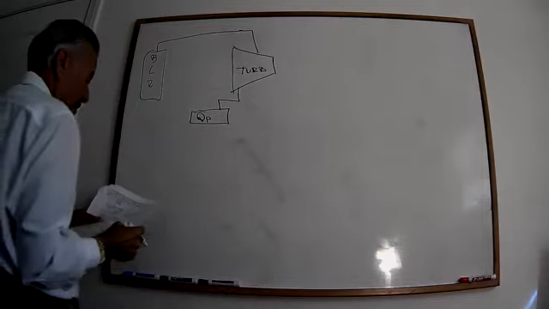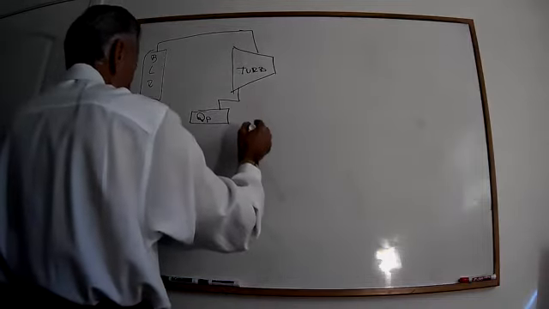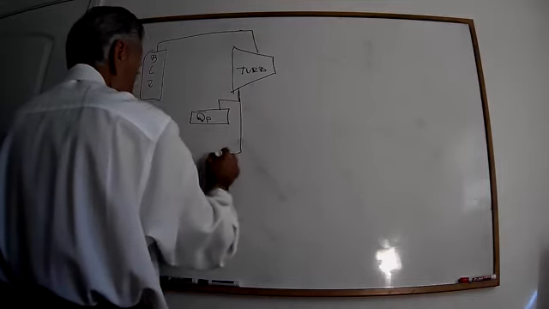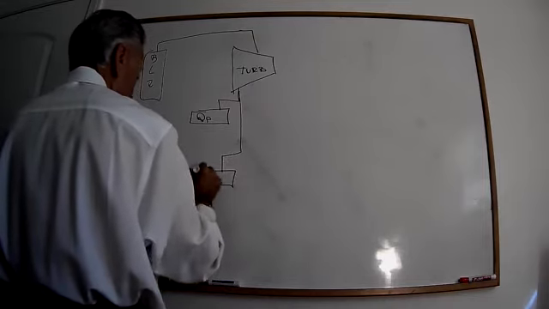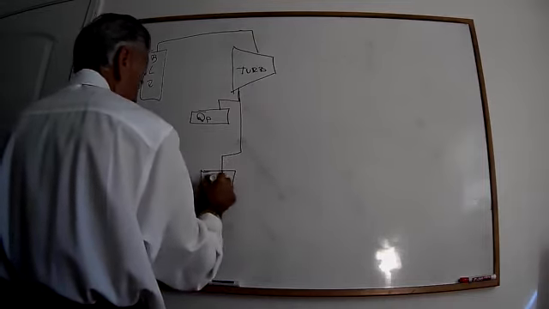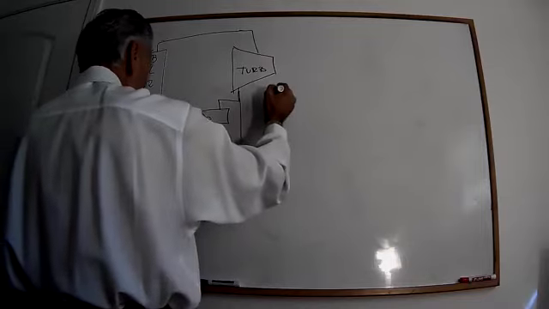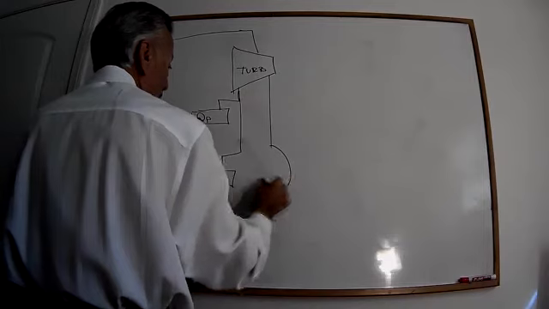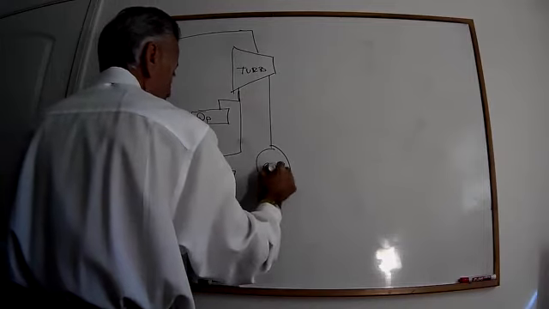That's the process heat. Then this line continues going to the open feed water heater, and then going to the condenser.